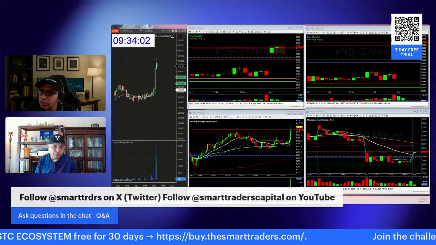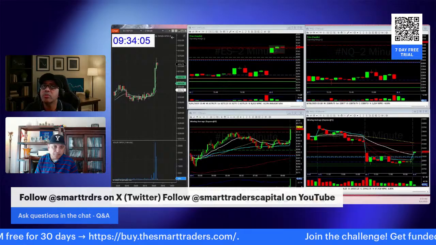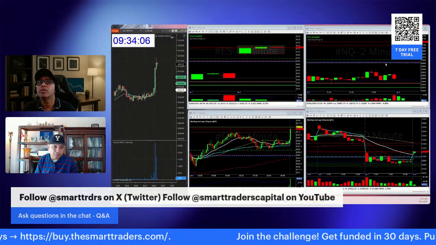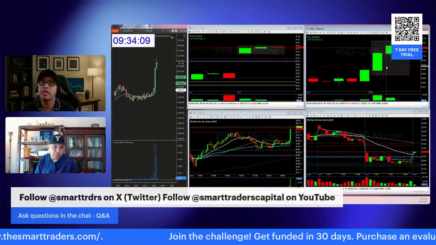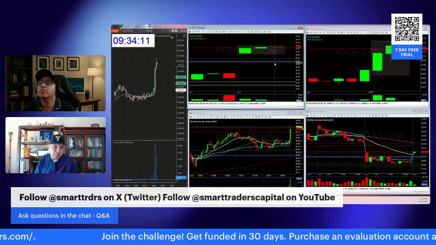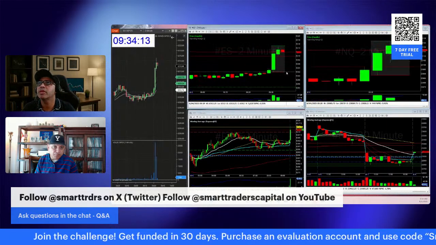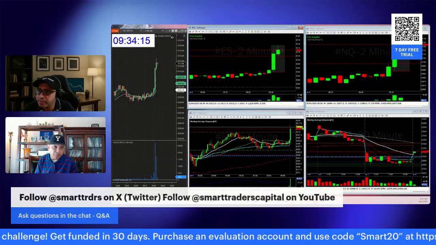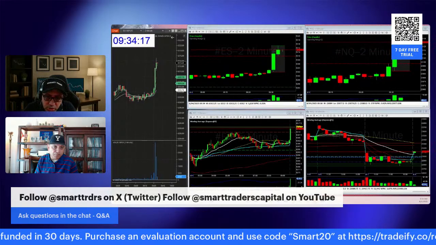Okay, this is a nicer pullback. Let's see if we can get the pullback. Both 2 minutes are a little calm here. If we can get this pullback, this could be an interesting pullback on both sides. Watch NQ.